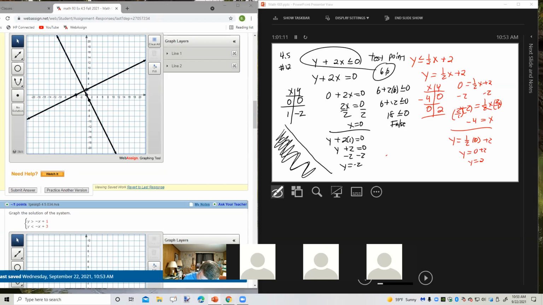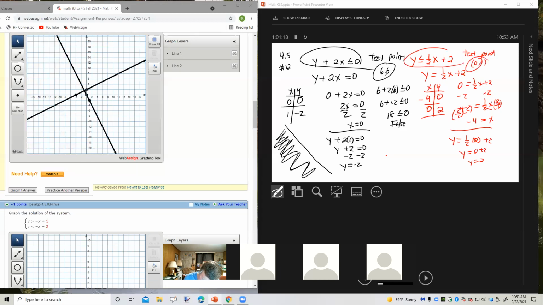Test point (0, 0). We'll plug that in there. So we get 0 less than or equal to 1/2 times 0 plus 2. 0 less than or equal to 2. That's true. So for this second line, the one from the red inequality, (0, 0) is a true solution. So down here.